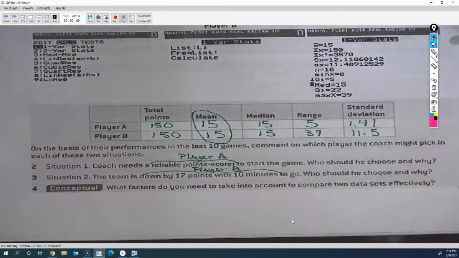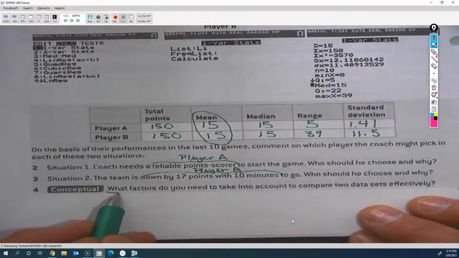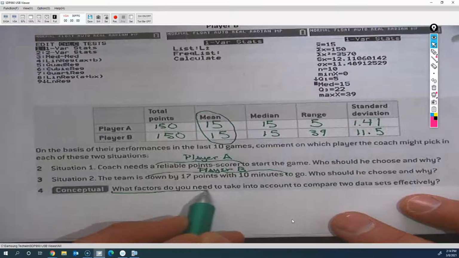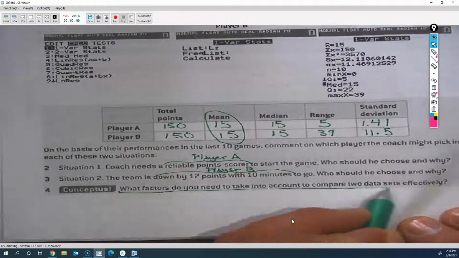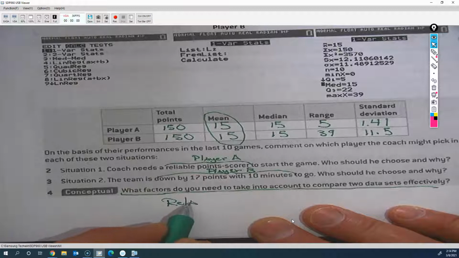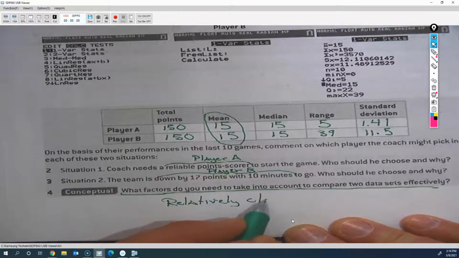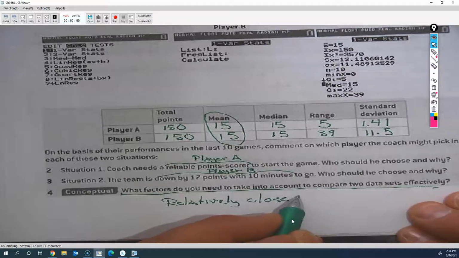So that's the difference, and we're able to compare these two guys because these means are the same. They don't have to be the same, they just have to be close to the same. So the factors that you need to take into account to compare them is the medians have to be close. Relatively close means.